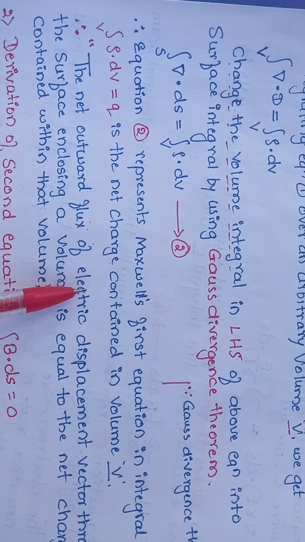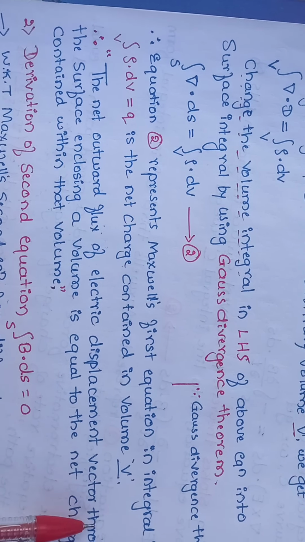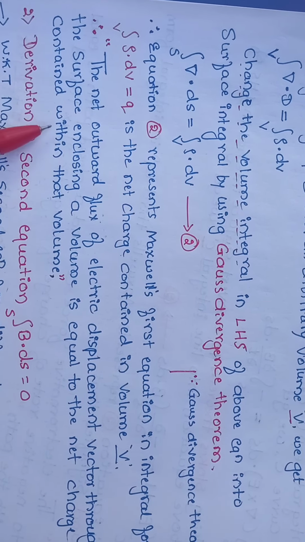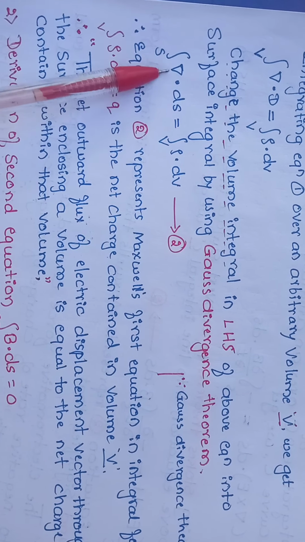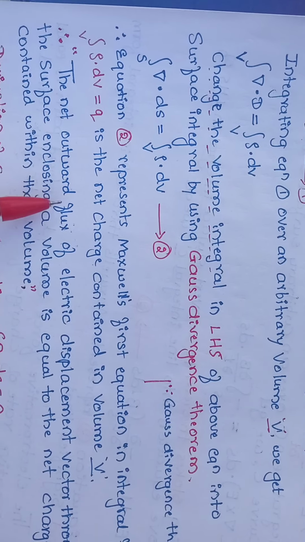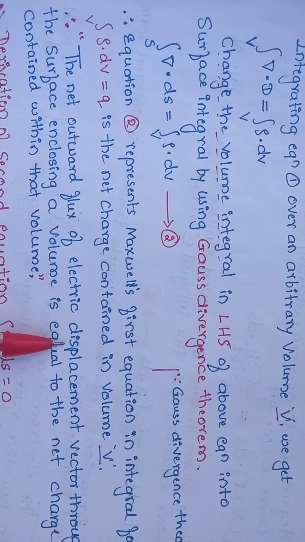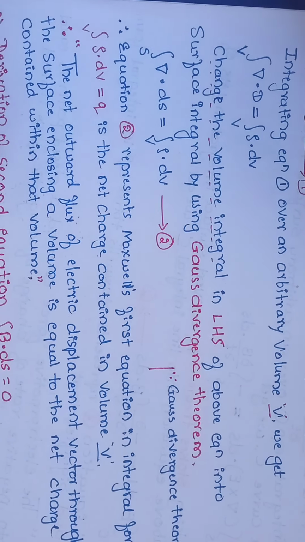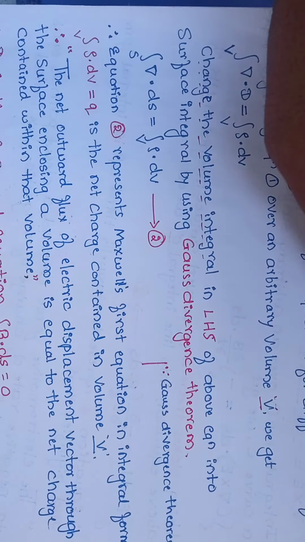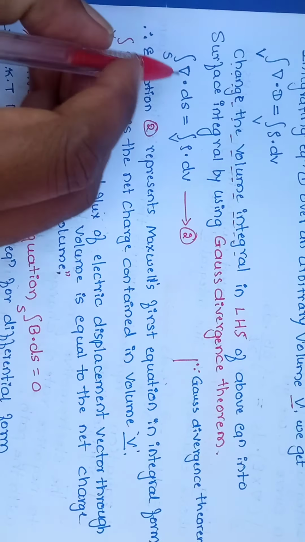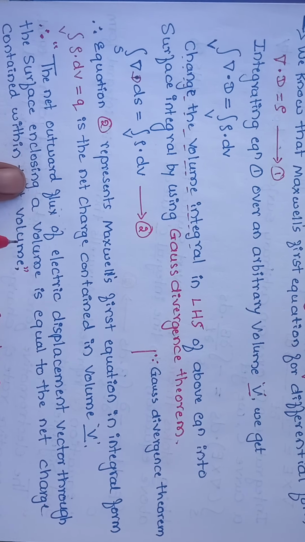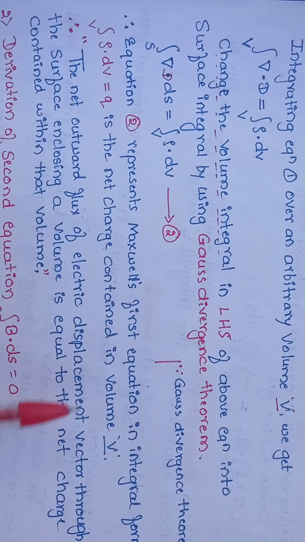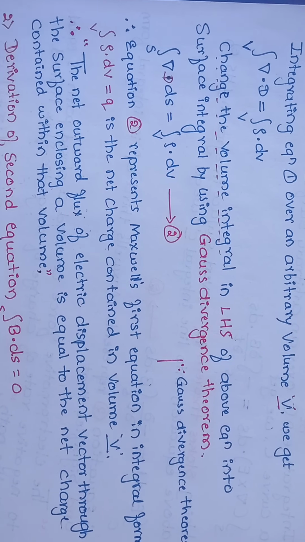The net outward flux of the electric displacement vector D through the surface enclosing a volume is equal to the net charge contained within that volume.